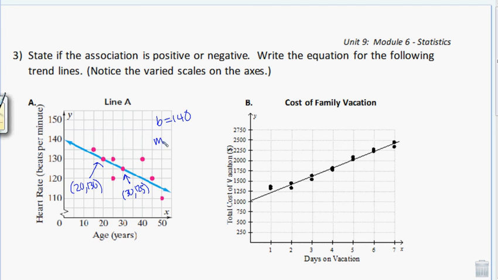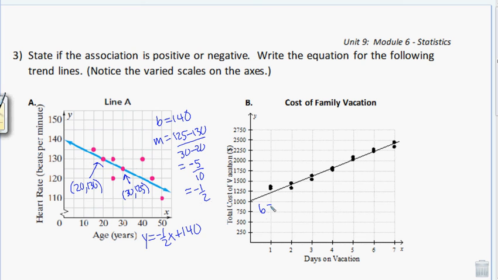So if I find my slope, I could do 125 minus 130 over 30 minus 20. So I get negative 5 over 10, which is negative 1/2. So my equation is y equals negative 1/2 x plus 140. Makes sense it's negative because it's going downward.